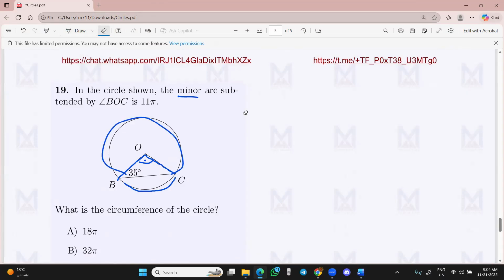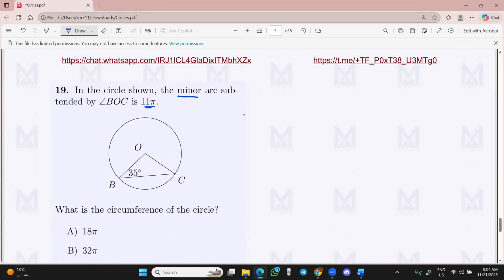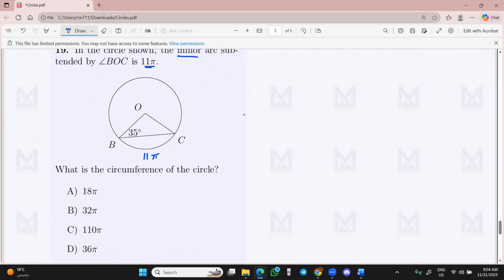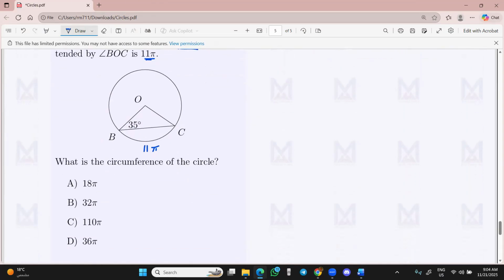We are talking about the minor one, and the minor one is this arc right here, BC. The length of it is 11 pi. So this is 11 pi, and we have this angle, 35 degrees, written. And the question says, what is the circumference of the circle?